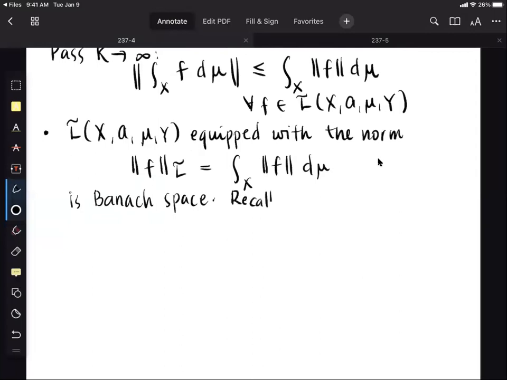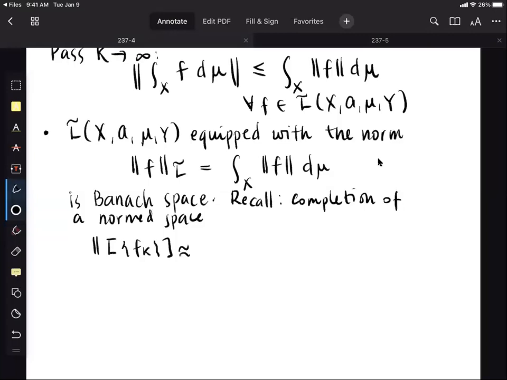Recall here that with respect to the completion of a normed space, the norm of these equivalence classes of simple functions in S bar, because we are now talking about the completion, is equal to the limit of the semi-norms of the representatives.